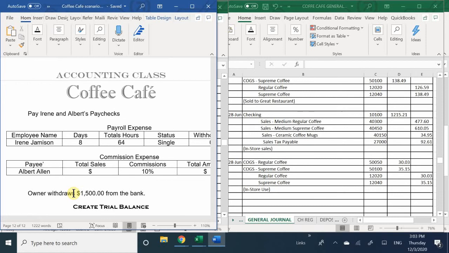She worked on Friday the 14th, Saturday the 15th, Sunday the 16th, Monday the 17th, Tuesday the 18th. Then she came back in on Friday, Saturday, and then she turned her timesheet in on Sunday. So she worked a total of 8 days. That's correct.